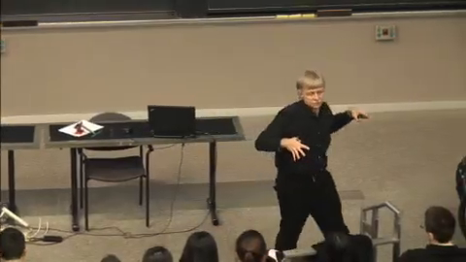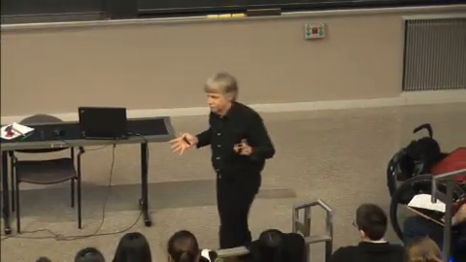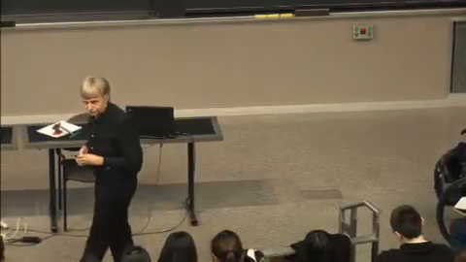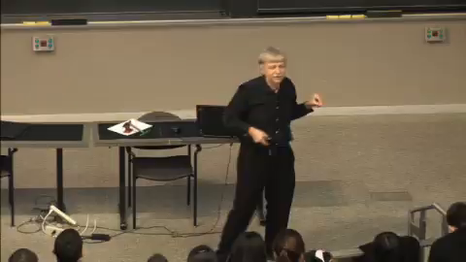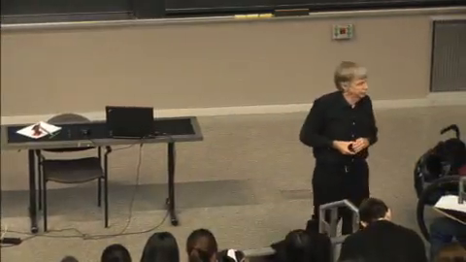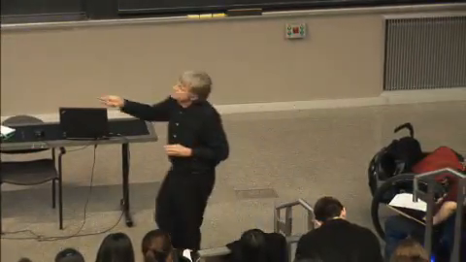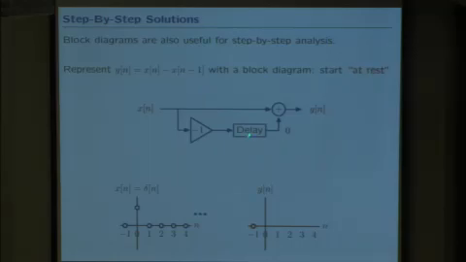At rest just means all the outputs of all of the delays are initially 0. That specifies the state of the system at the time the signal is turned on. So the system is at rest, which means that all the delays start out with an output equal to 0. So at rest means this delay has an output of 0.